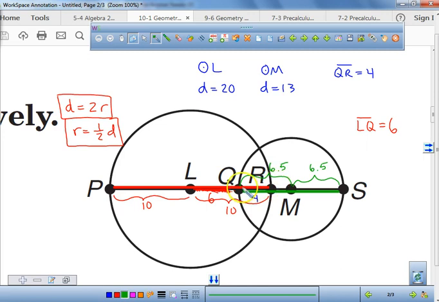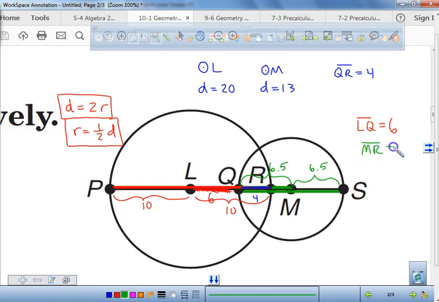So if that distance is 4, what is this distance right there? That's right. It's got to be 2.5, because 2.5 plus 4 is 6.5. So the distance from R to M, or M to R, has to be 2.5.